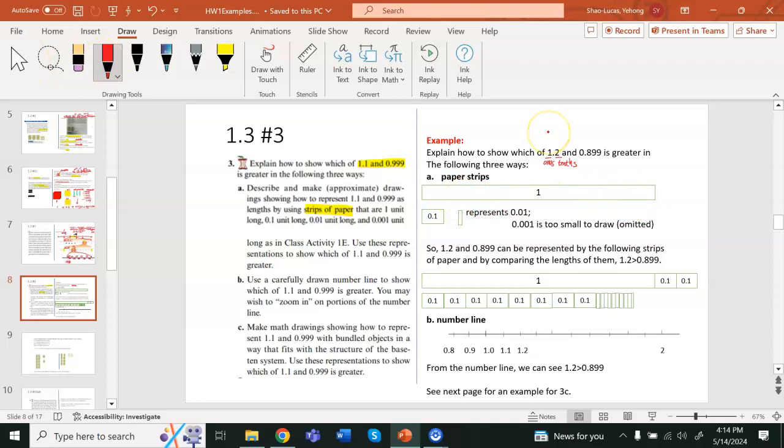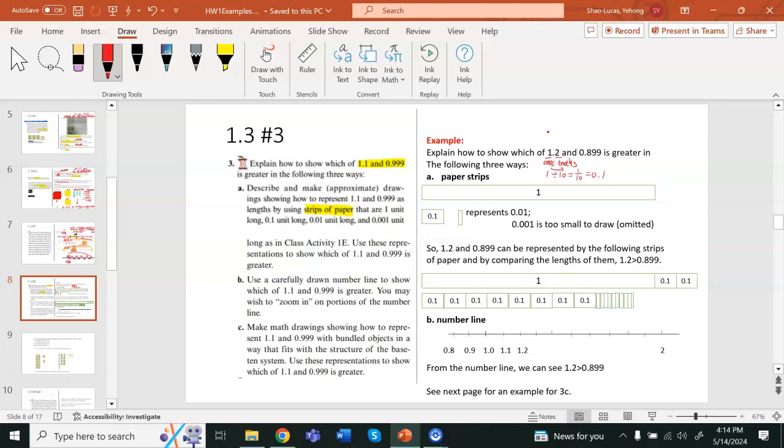As we learned in section 1.2, how do we obtain the tenths from the ones? We can divide 1 by 10. That's going to give us 1/10 or 0.1. So this is how we generate the place value for the tenths.